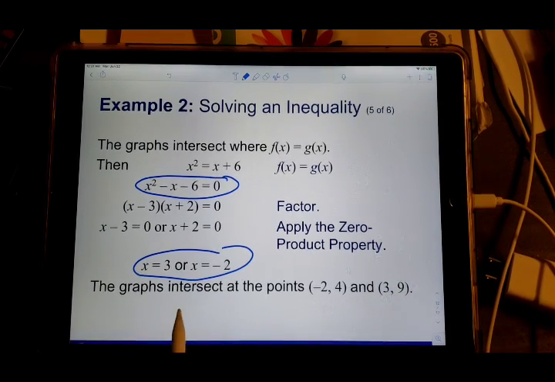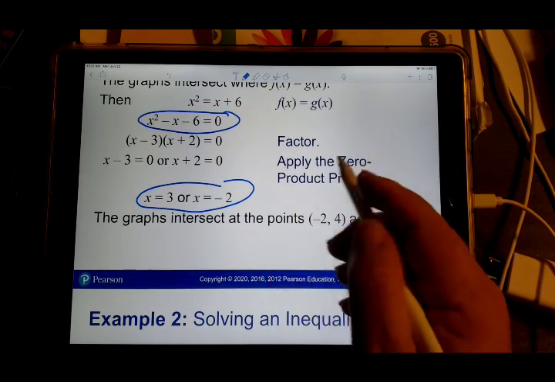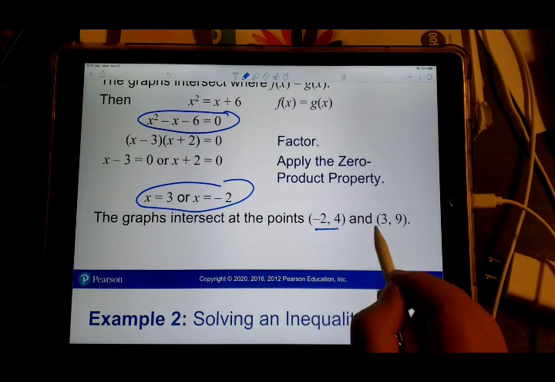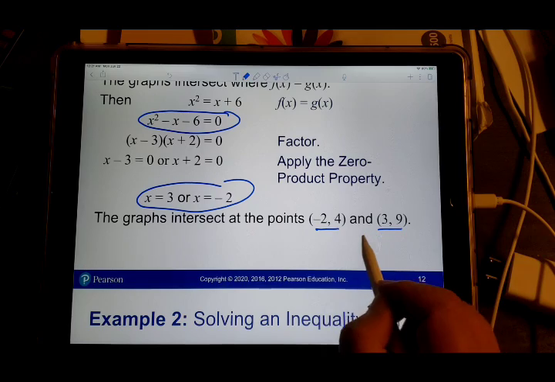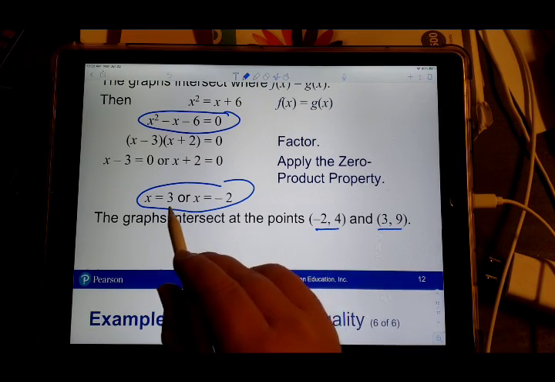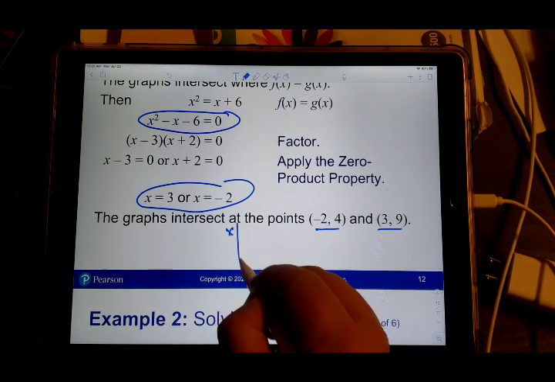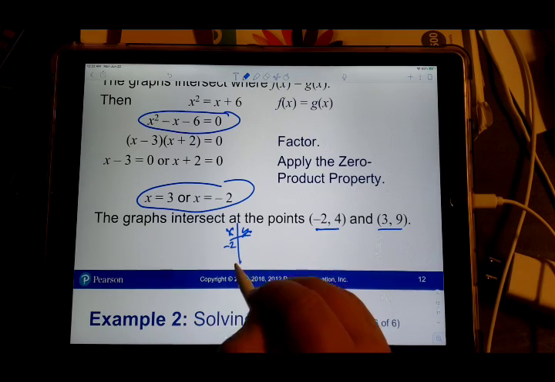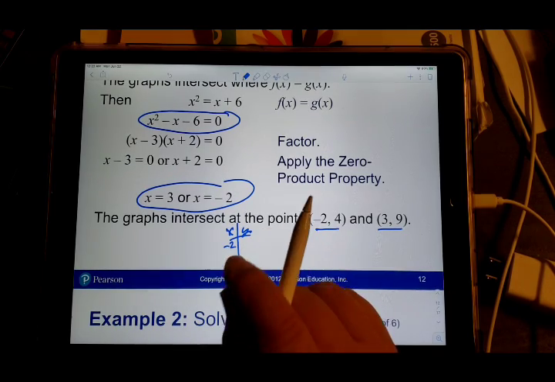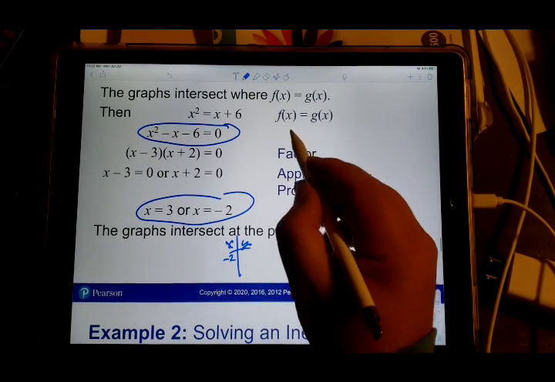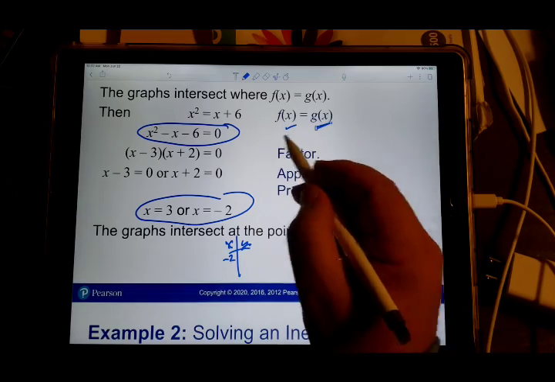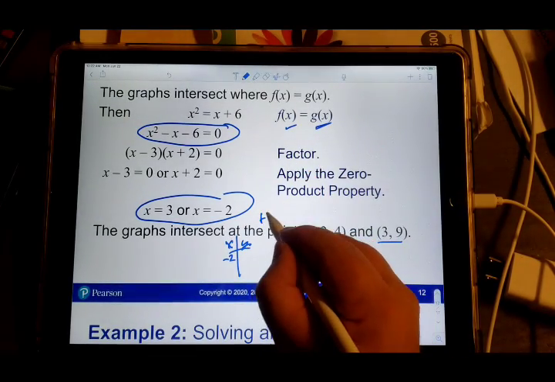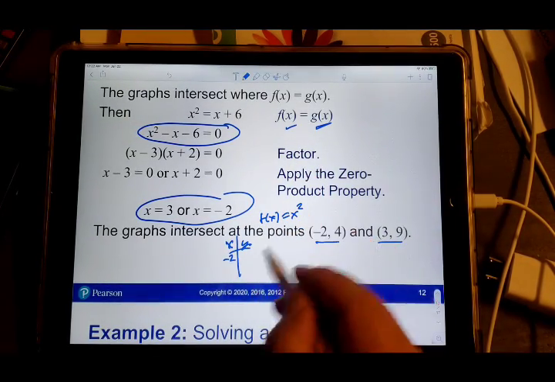The author did do a little bit more here. When x is -2 and 3, f of x and g of x are equal. Remember f of x was x squared.